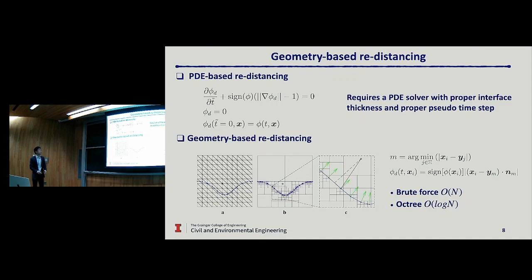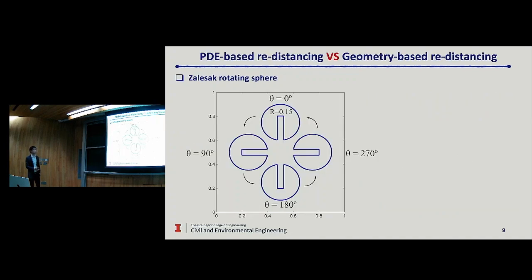So before I show you how we apply this mixed formulation to additive manufacturing, I want to quickly show you some comparison between the conventional PDE-based redistancing and the geometric-based redistancing in the context of benchmark multiphysics problems. The first problem you see here is a pure convection problem, which is the Zalesak rotating sphere.